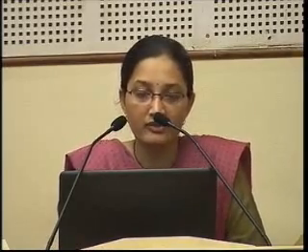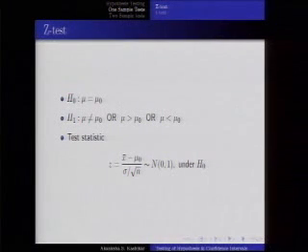Now let's go to the first one-sample test, which is known as the Z-test. Here we use the Z-test for testing the hypothesis mu equal to mu naught against either mu not equal to mu naught, or mu greater than mu naught, or mu less than mu naught. We have to choose one alternative out of these three.